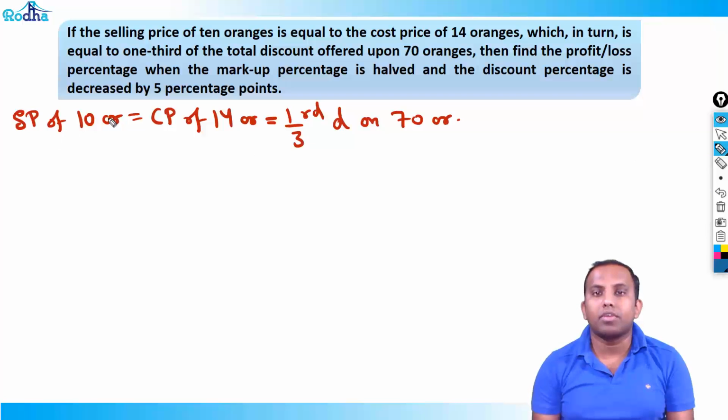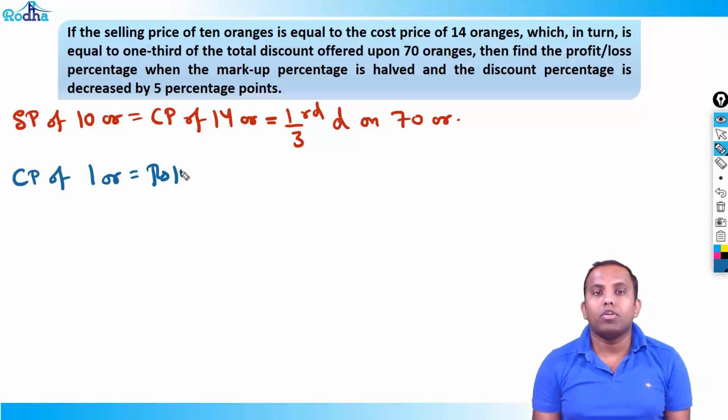Because I need to compare in price and nothing about price is given here, I can assume the CP of 1 orange is 1 rupee or 10 rupees or 100 rupees, my wish, right? Any number I can take. Let's say 10.